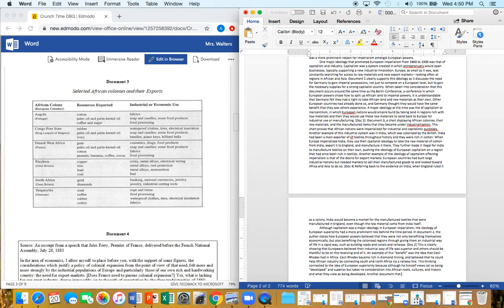Another document that supports the ideology of European superiority is the political cartoon titled White Man's Burden.